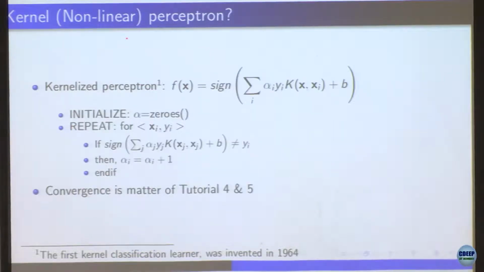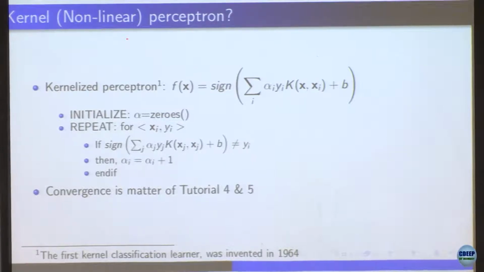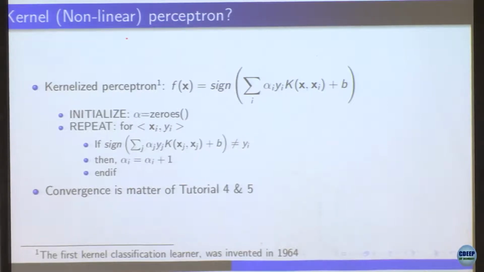You could also have a b term there, and I would recommend that b is used, because b is what will account for a non-zero initialization of the w's, the equivalent of w's, right? Initially, you don't want to start with 0 w's.